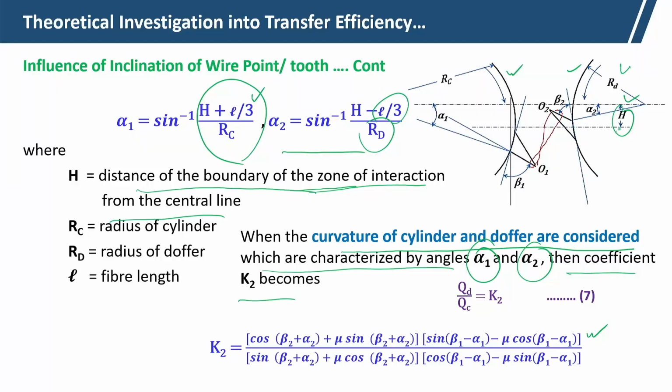But the effective angle here, if you see, this is beta 1 and here is alpha 1. So, the effective angle will be beta 1 minus alpha 1, and on the other hand, for the doffer it will actually be beta 2 plus alpha 2. So, this is the relationship. K2 is modified here.